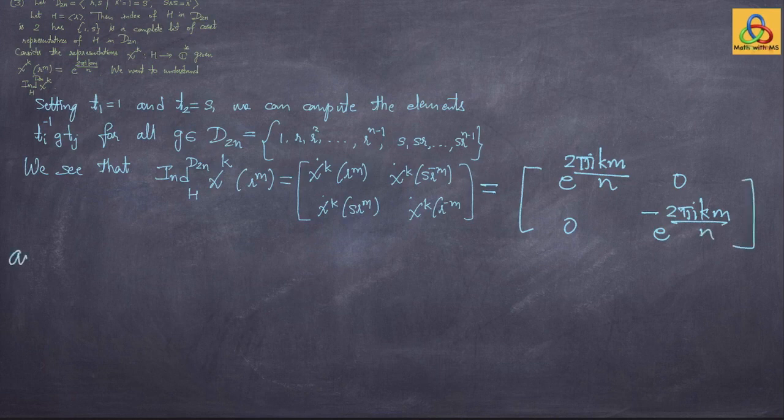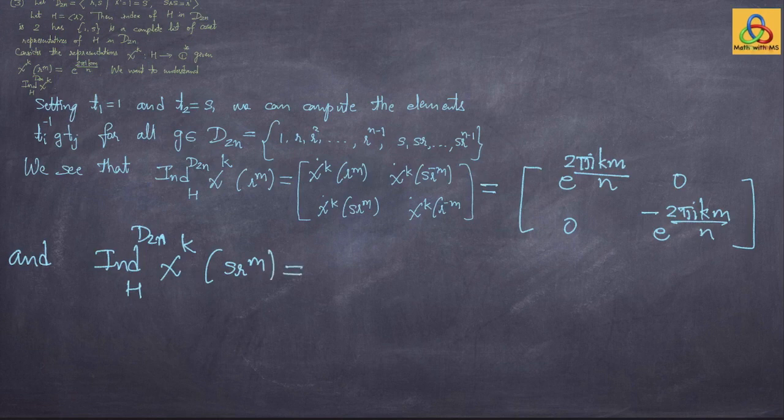And what about the other kind of elements? Induction of chi to the power k from the subgroup H to D2n on elements of the form S R to the power m.